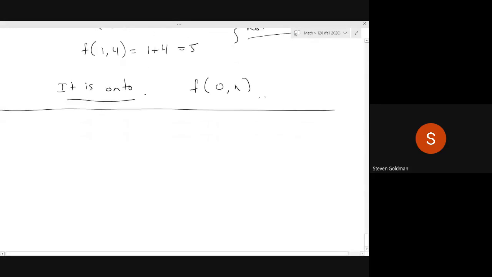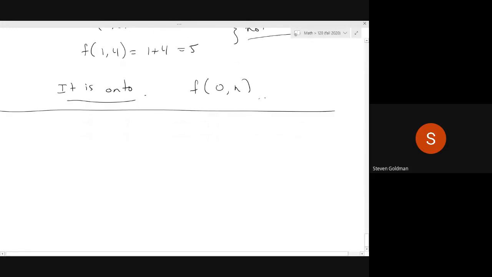Let's now discuss inverse functions and compositions of functions.